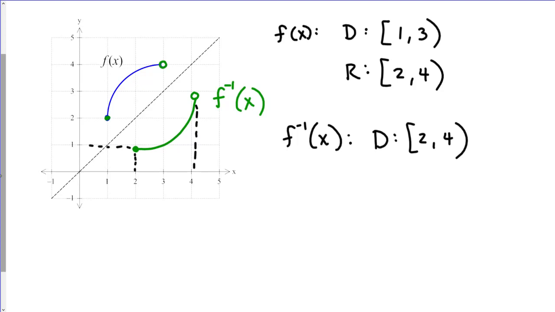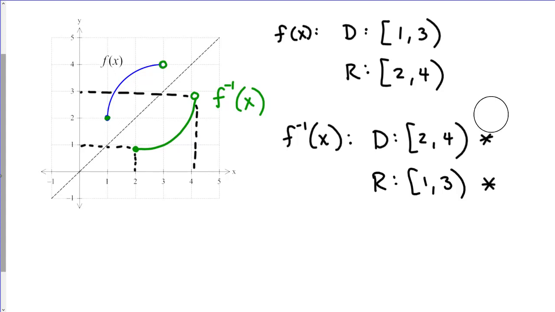Its range goes from 1 up to 3. So if you look at the domain and ranges for f and f inverse, they've just swapped. The domain of f is now the range of f inverse. The range of f is now the domain of f inverse. They've just swapped from each other. And that relationship will always hold true between any function and its inverse.